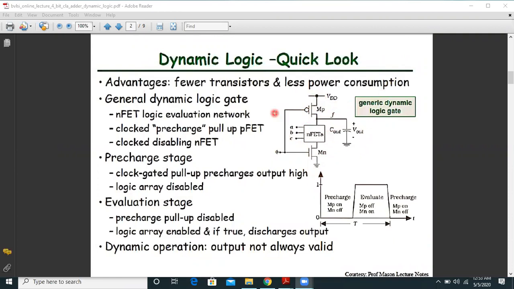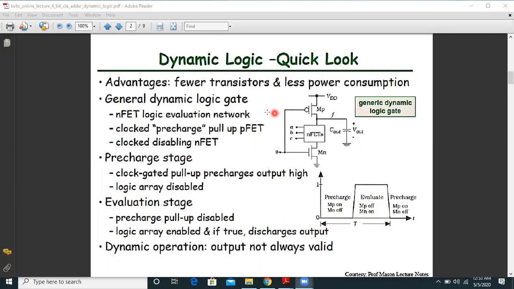The advantage of this dynamic logic is it depends upon the clock, and it requires fewer transistors since there is no pull up network at all. We have a smaller number of PMOS transistors, less power consumption, and fewer transistors because the entire pull-up network is gone.